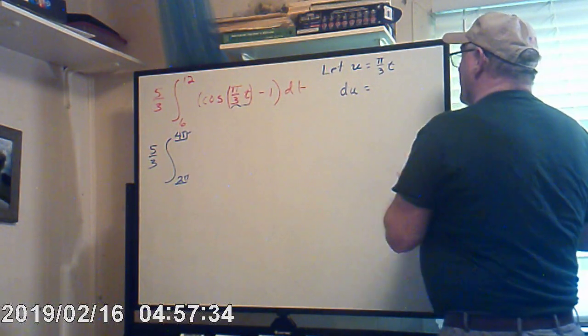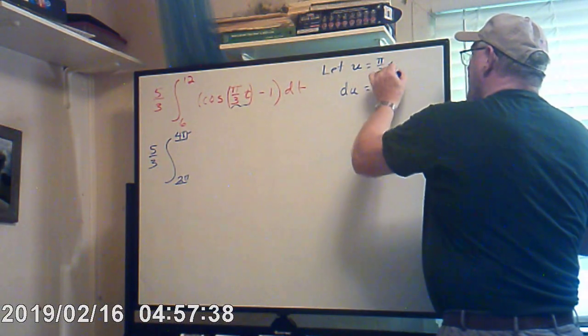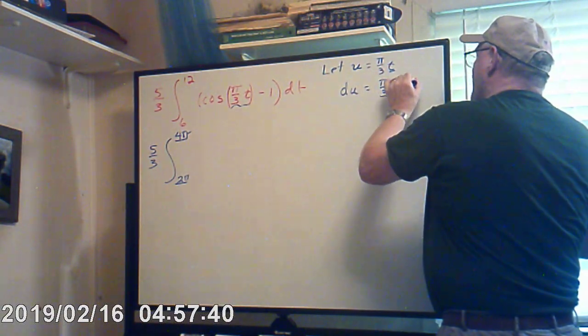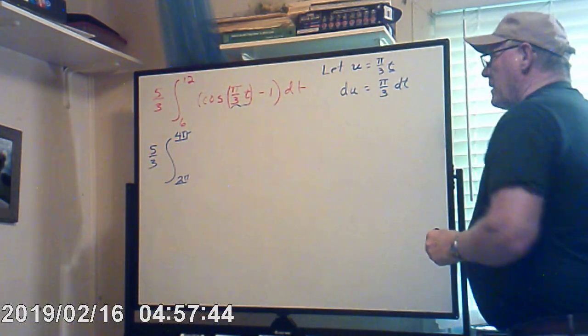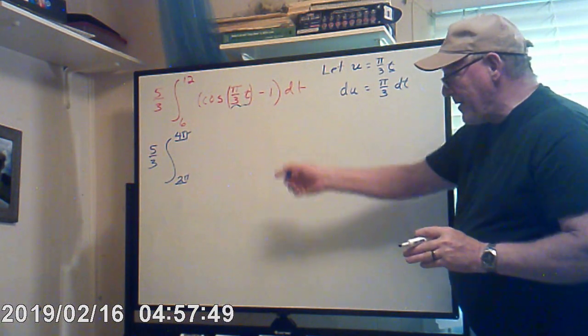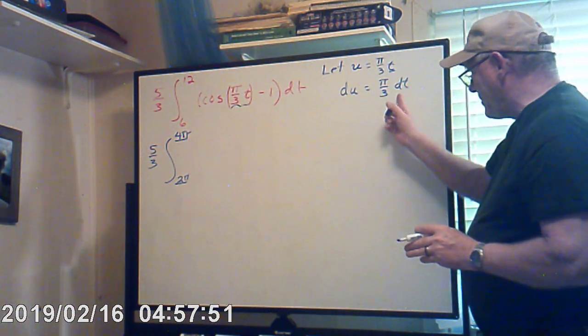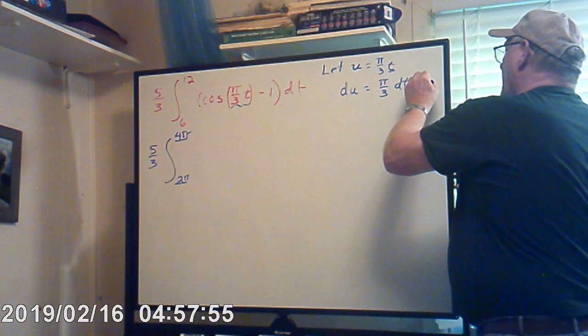The derivative of the right side is pi over 3, but you've got a t here, so put a dt right there. Always remember to do that. In dealing with definite integrals, you want to isolate dt, so we're going to do just that.